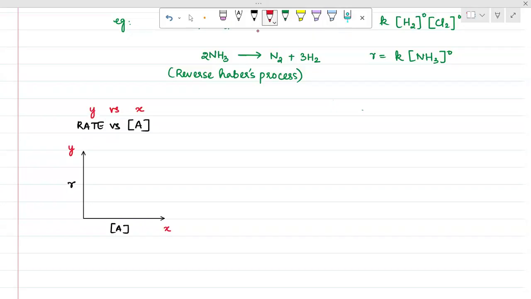So how will the graph look? It will be a straight line parallel to the x-axis. I hope you're getting the concept. So whatever value it has, it's not changing with concentration. See, concentration is increasing, but the value of R, the rate of the reaction, is not changing, it's constant. So this is how we plot graphs based on whatever concepts we know.